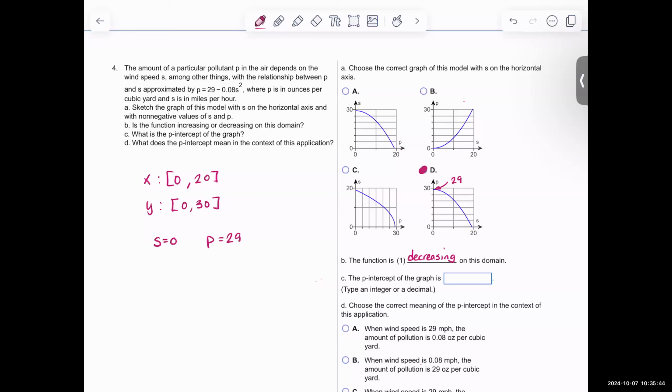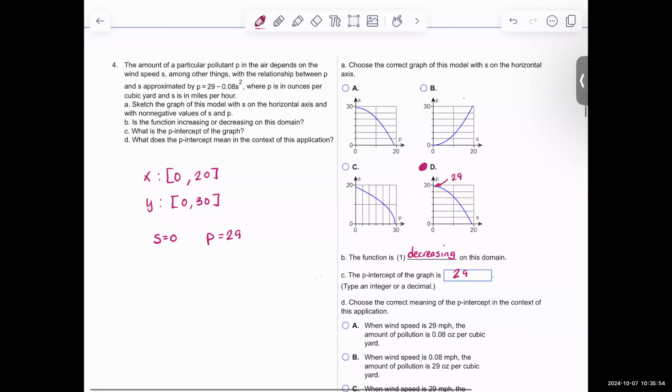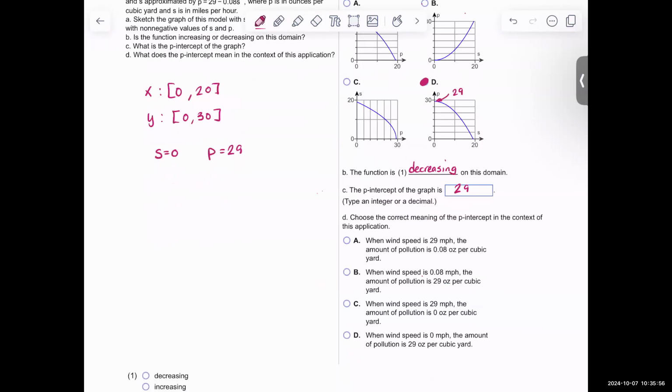That means if the wind's not blowing at all, that the particulate level of this pollutant is 29. So which one is that? When the wind speed is 0, the amount of pollution is 29 ounce per cubic yard.